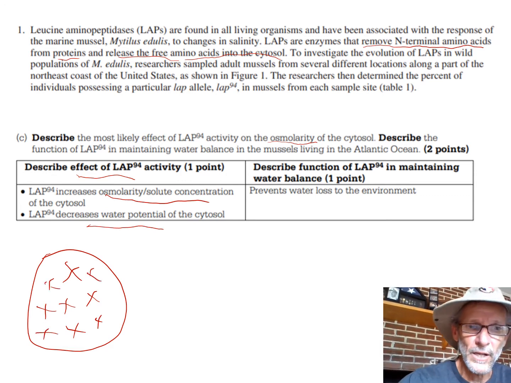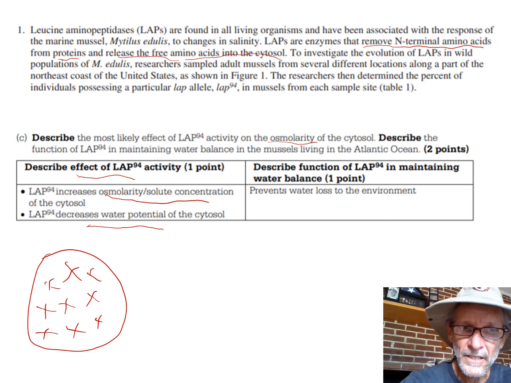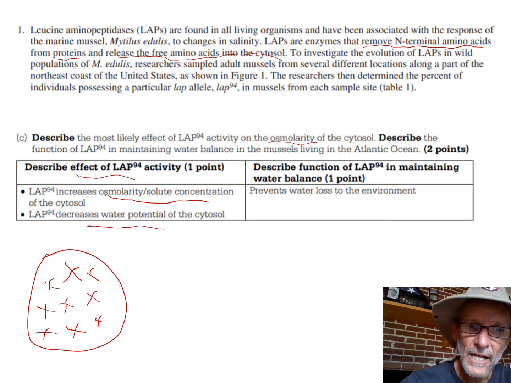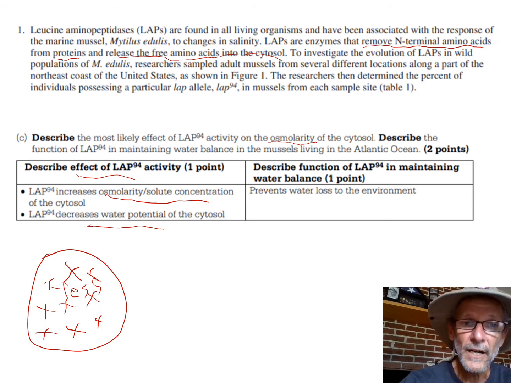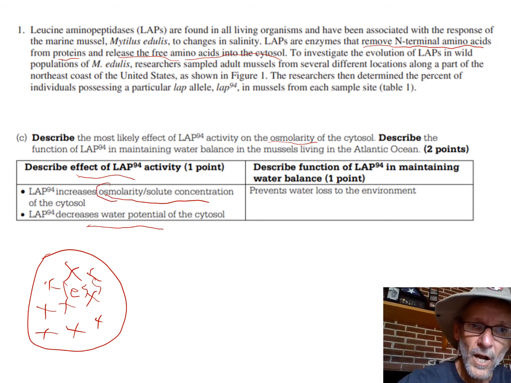If this cytoplasm has more solute, that means it has less water. What's water potential? It's the potential for water to go somewhere else. And if you've caused there to be less water in here, then it's less likely that water will go out, right?